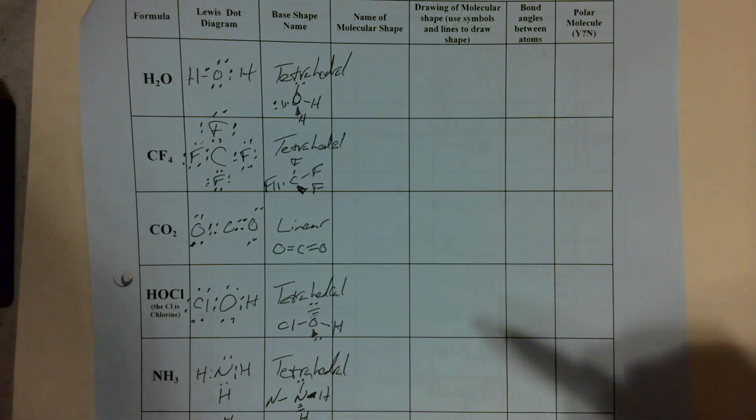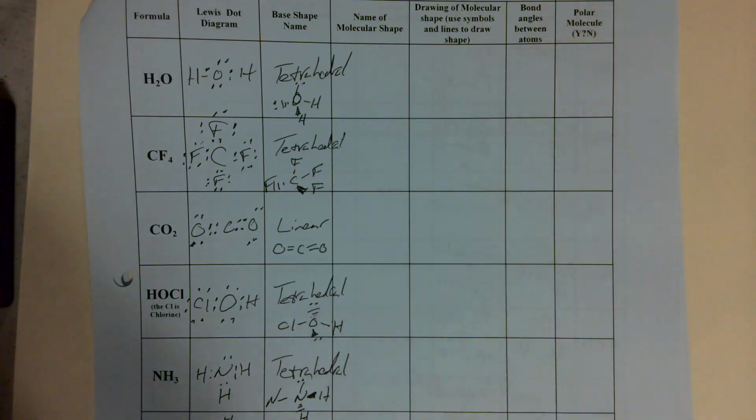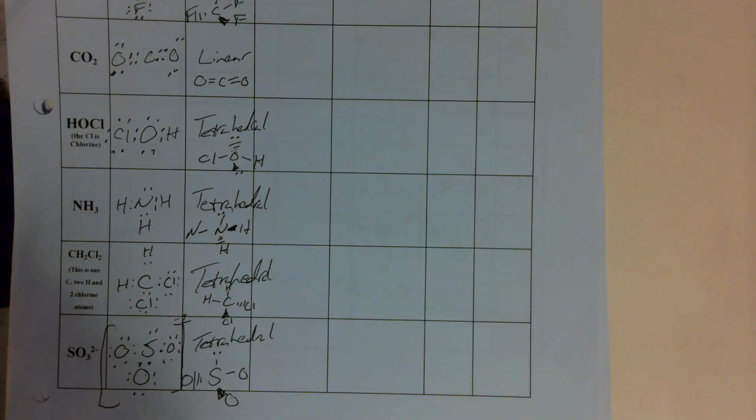I'll give you a chance. If you need to press pause to check your answers, do so. But I'm going to slide this up. Okay, there we go. Go ahead and hit pause. So check your answers. 1, 2, 3. Flip it over.